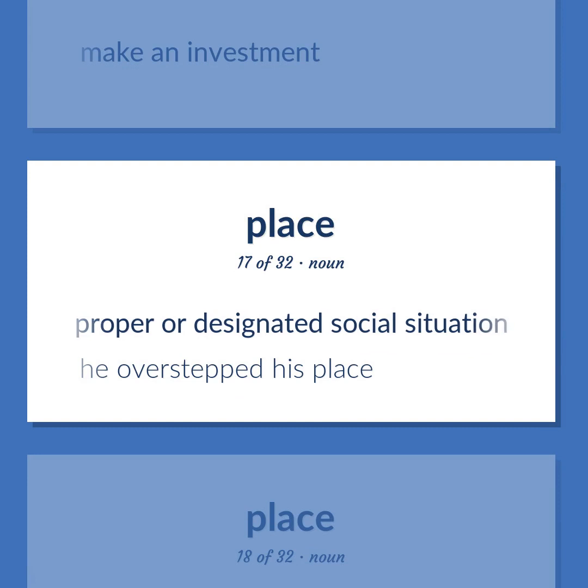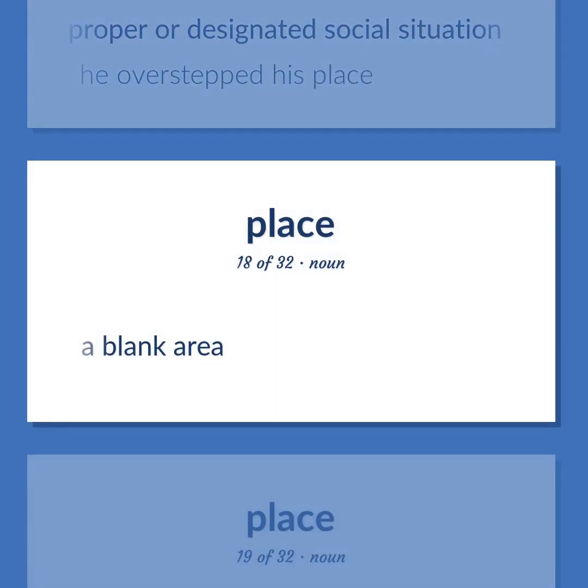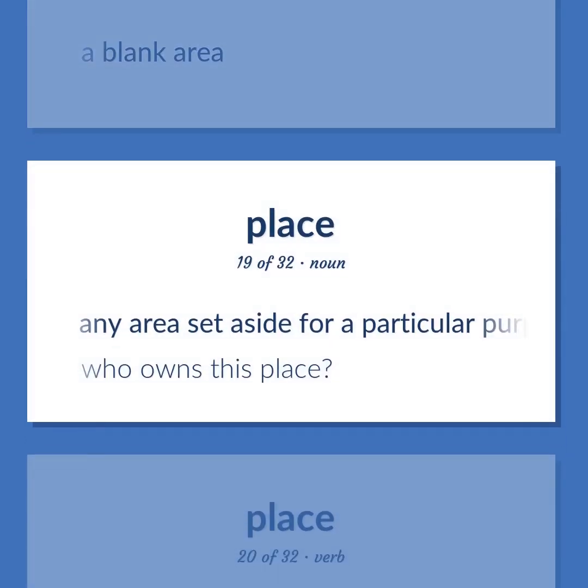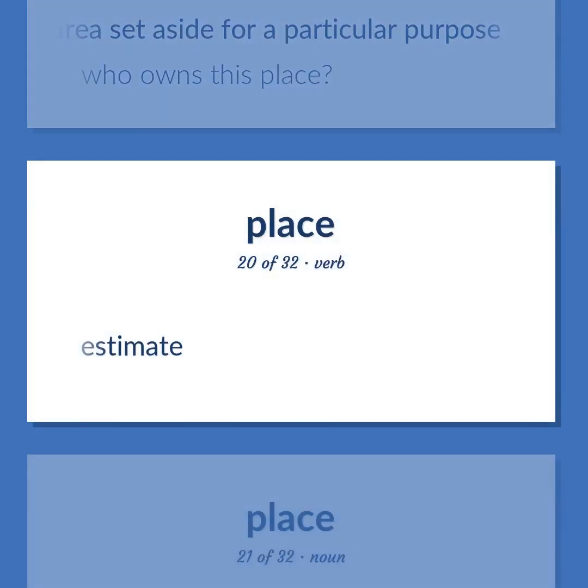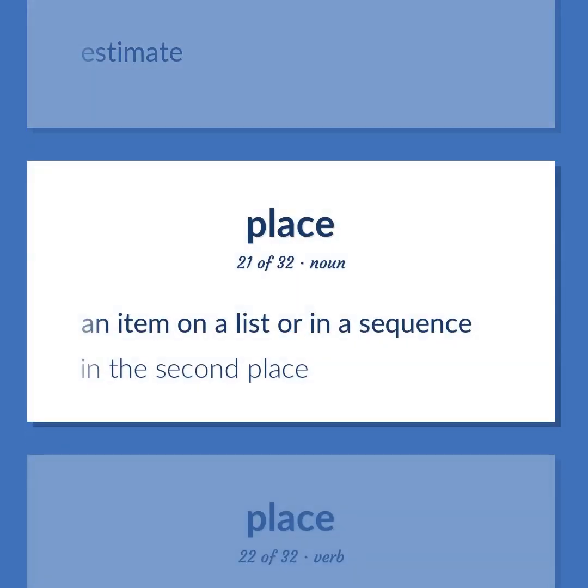Proper or designated social situation. He overstepped his place. A blank area. Any area set aside for a particular purpose. Who owns this place? Estimate. An item on a list or in a sequence. In the second place.